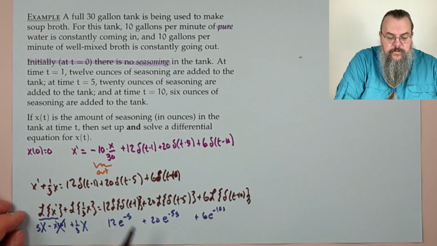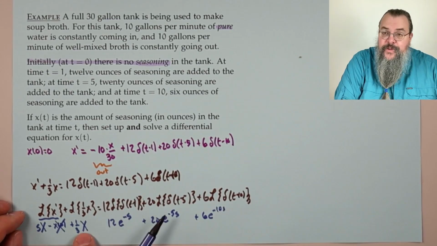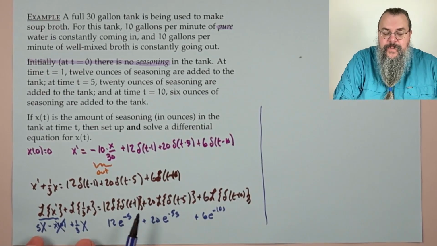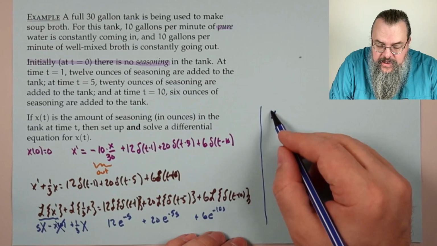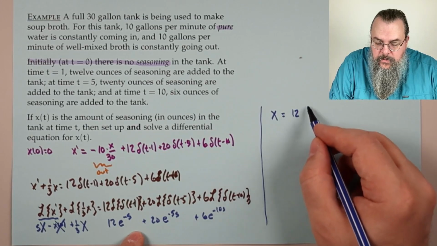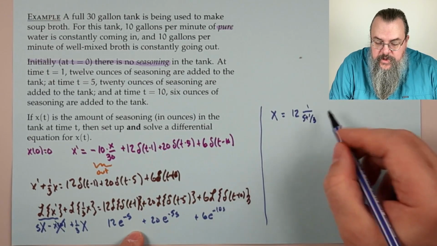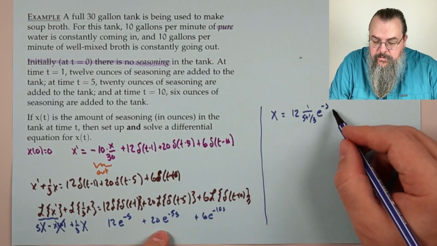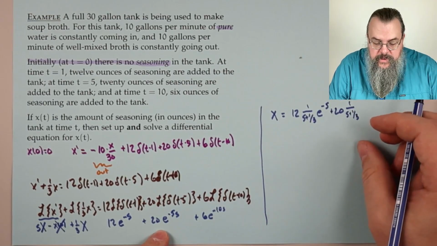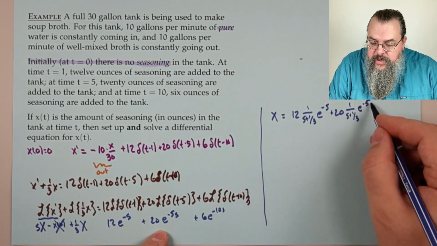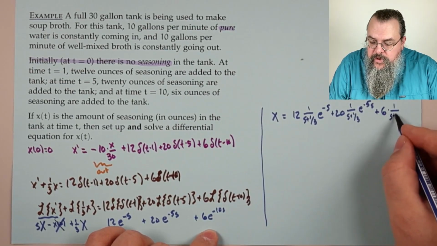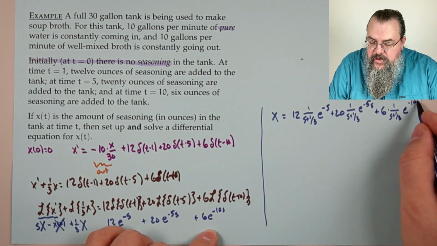And we say, well, notice this is s plus 1/3 times X, and so you factor the X out, divide by s plus 1/3. So we get that X is equal to 12, 1 over s plus 1/3, e to the minus s, plus 20, 1 over s plus 1/3, e to the minus 5s, and plus 6, 1 over s plus 1/3, e to the minus 10s.